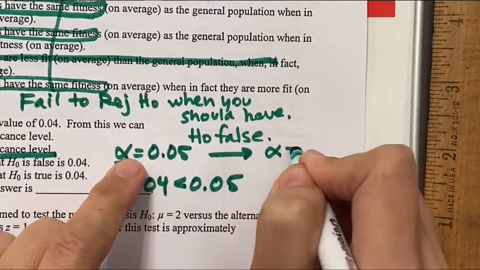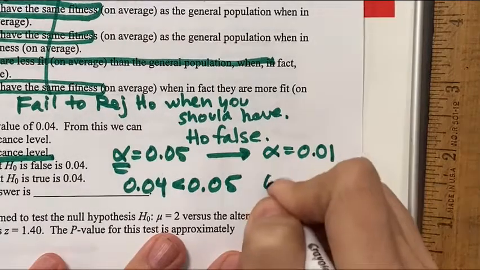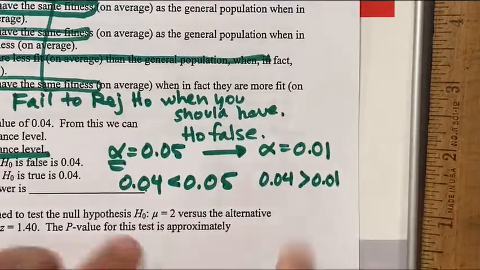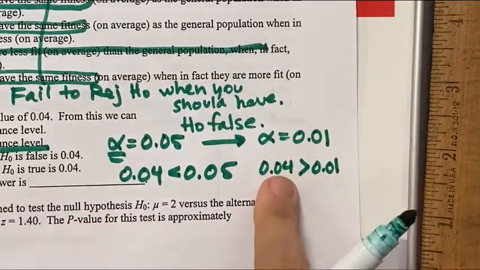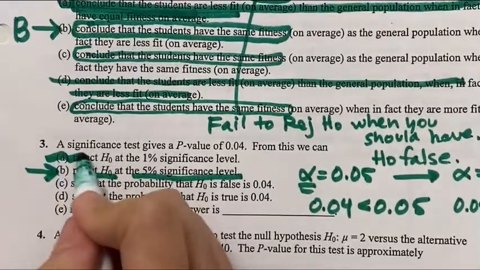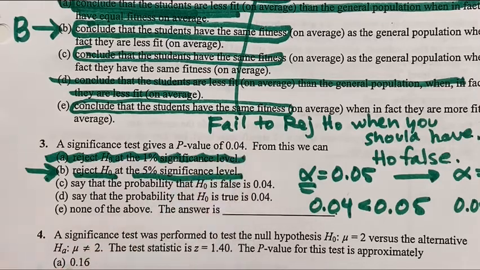They could change alpha to 0.01, and that means we're only going to reject it if the p-value is less than 1%. Well, notice 0.04 is greater than 1%. So if the test had an alpha of 0.01, we would not have rejected the null. So that's what's wrong with A. We would not have rejected the null at a p-value of 0.04 because 0.04 is not less than 0.01.